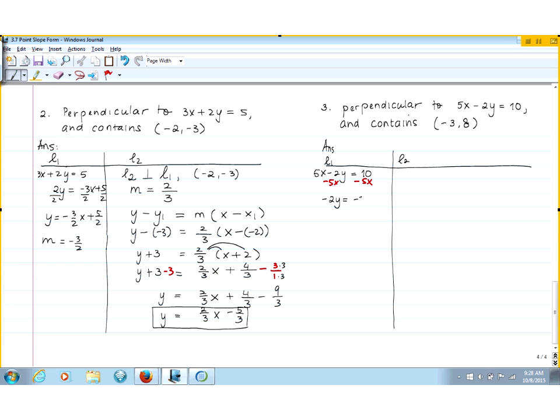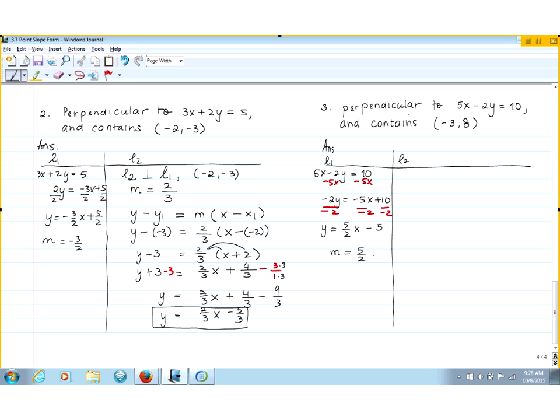So we have negative 2y is equal to negative 5x plus 10. And then what? Divide both sides by negative 2. So y is equal to 5 over 2x minus 5. So the slope is 5 over 2. All right.